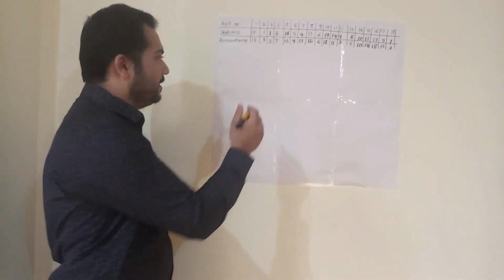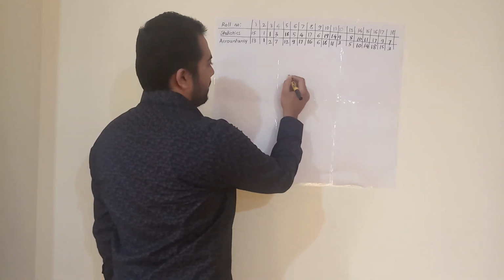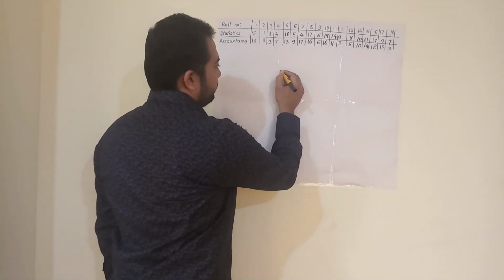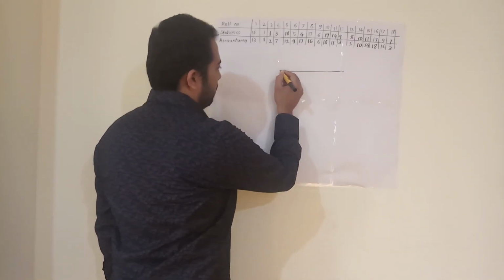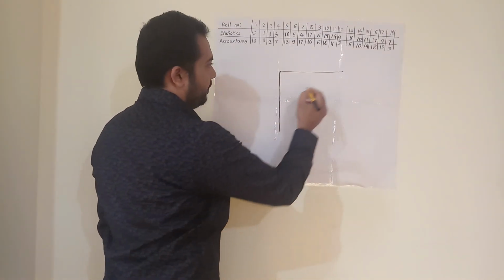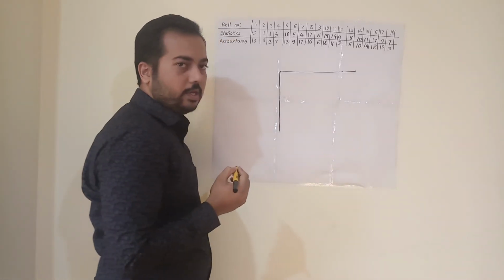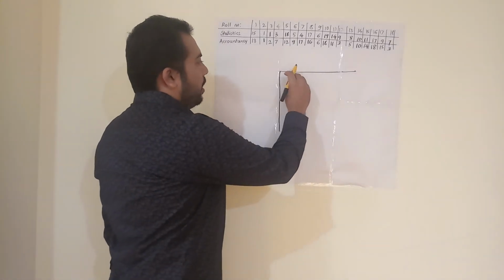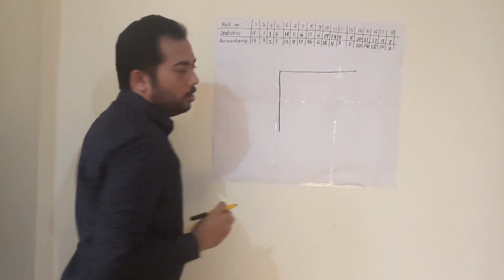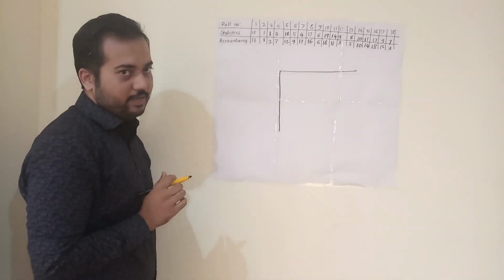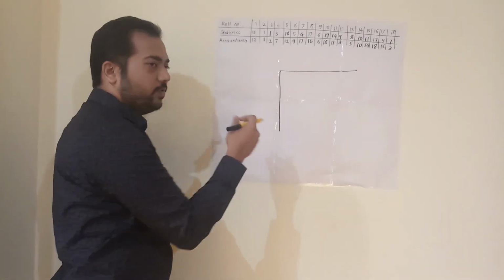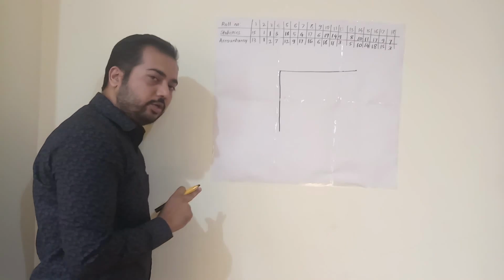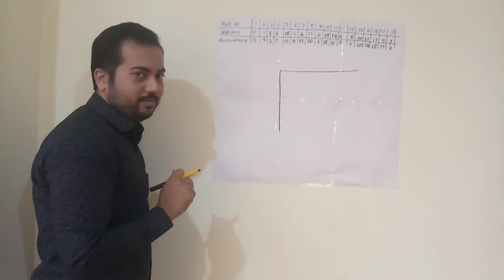So first I draw the table this way. Then I have to take column heads for one variable and row heads for another. This is going to be a typical table of rows and columns.